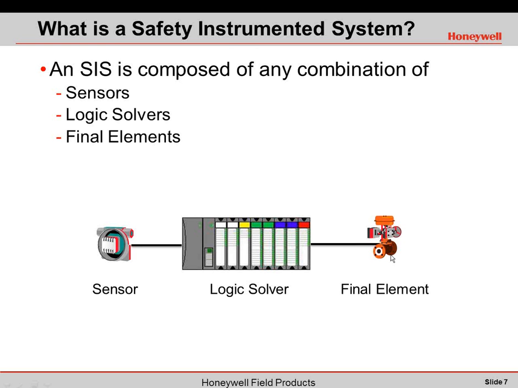The safety instrumented system is used to implement one or more safety instrumented functions, and we'll talk about the safety instrumented functions in the slides coming up. It can include safety instrumented control functions, safety instrumented protection functions, or both.